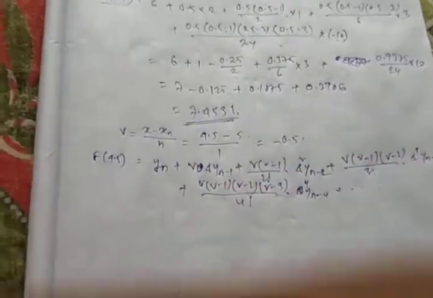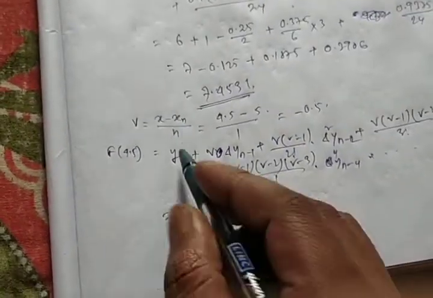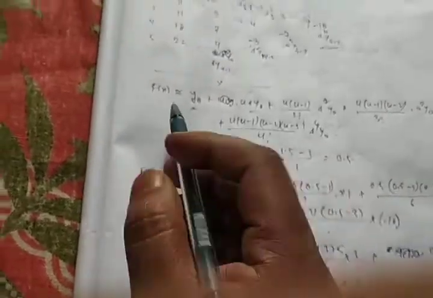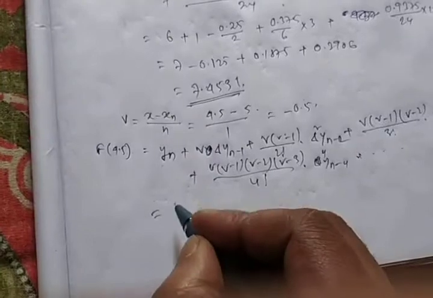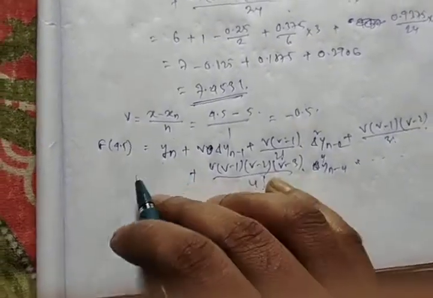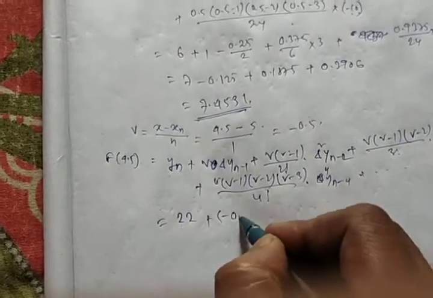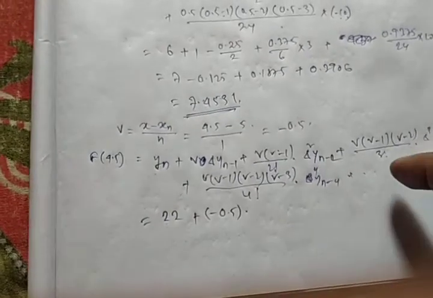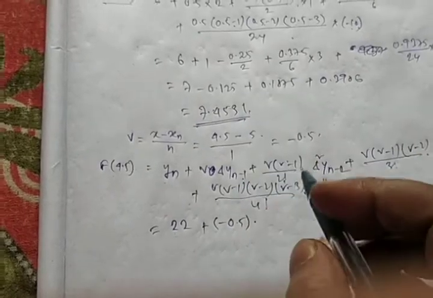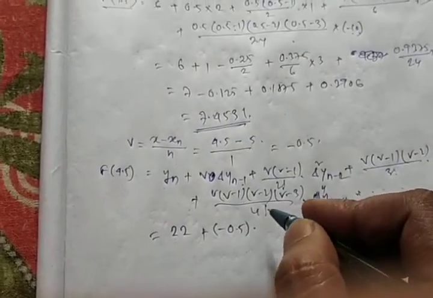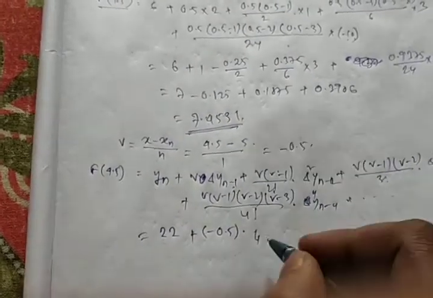Now here n equals 4, so y4, counting 0 1 2 3 4, is 22. We will use 22, plus v, which means minus 0.5, into delta yn minus 1. If we look at the difference table, we get this value as 4.